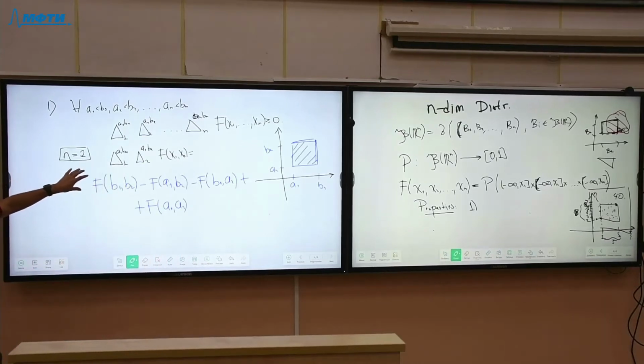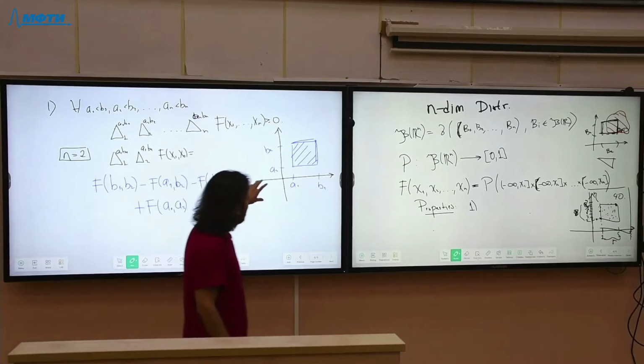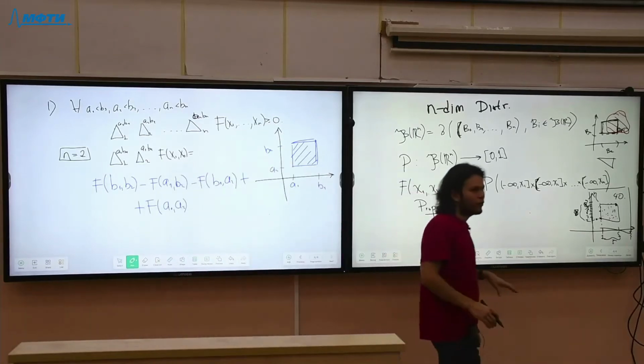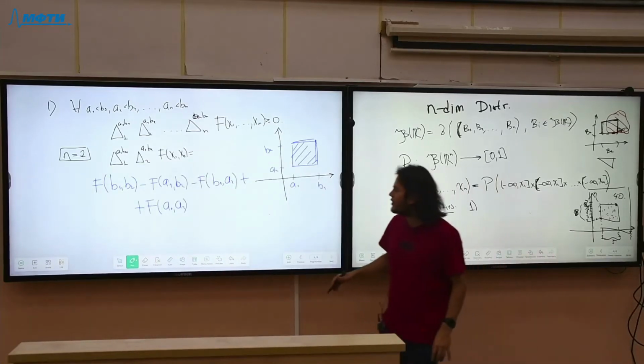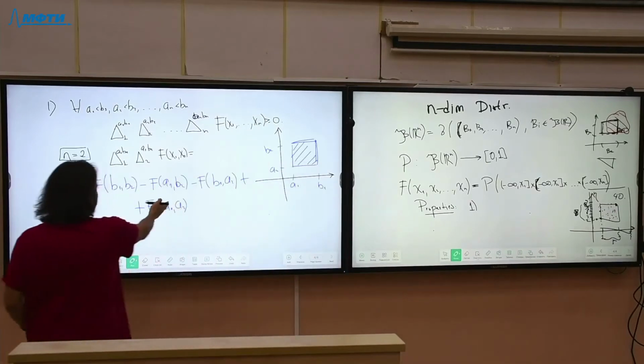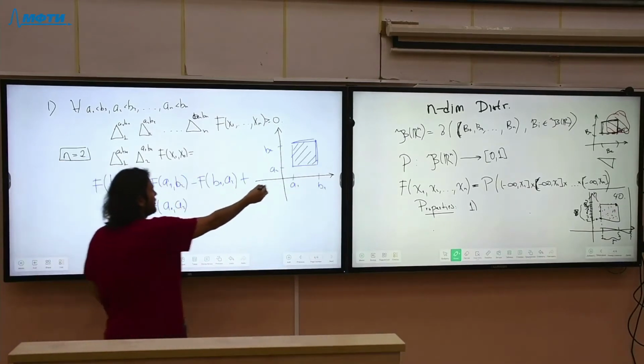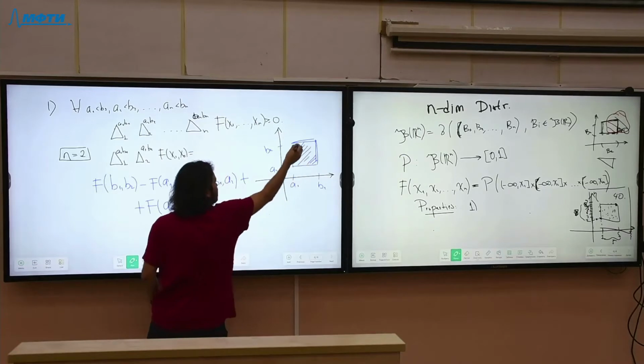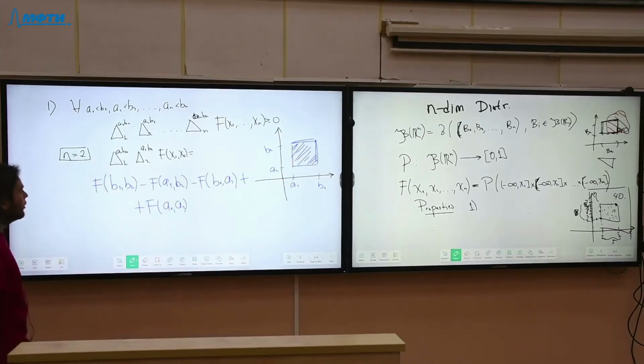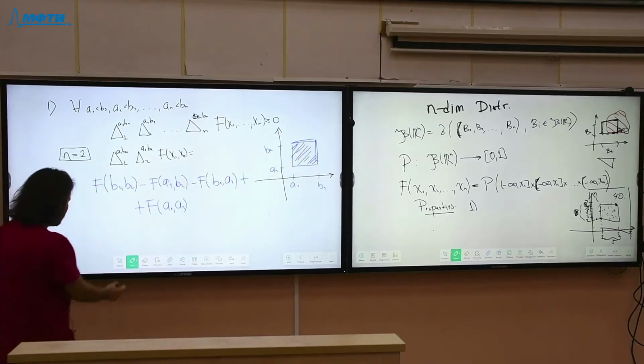So if we are working on the plane, then this formula gives us this. And this is just this area, right?